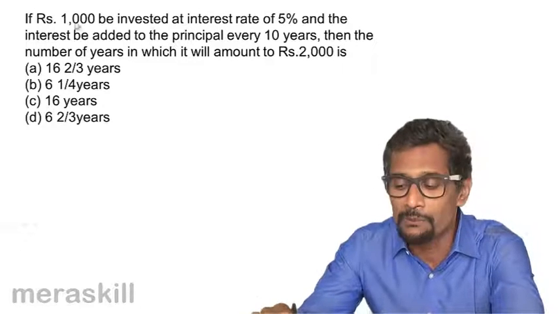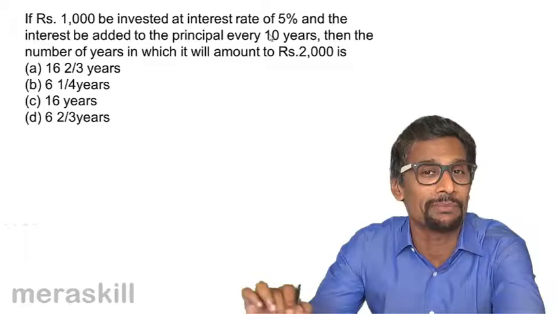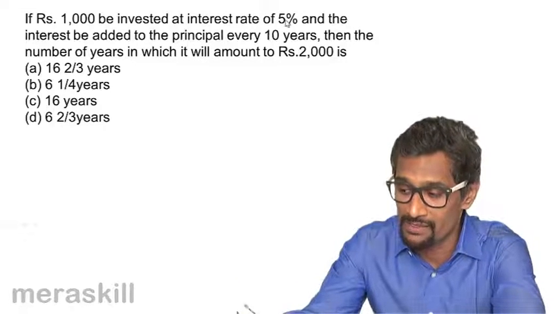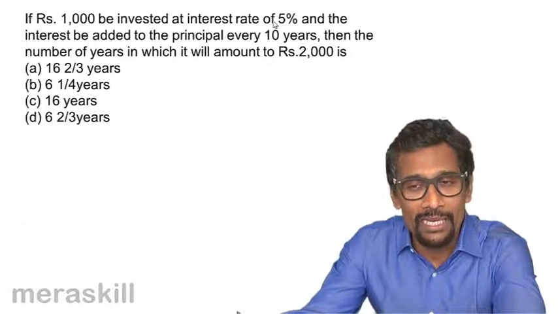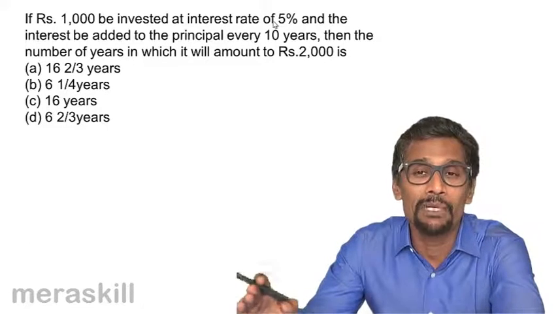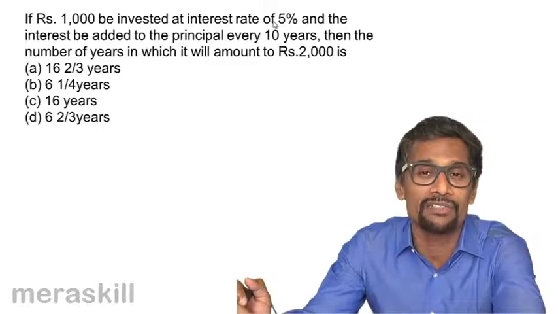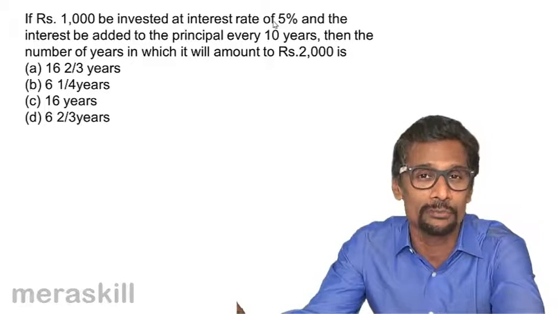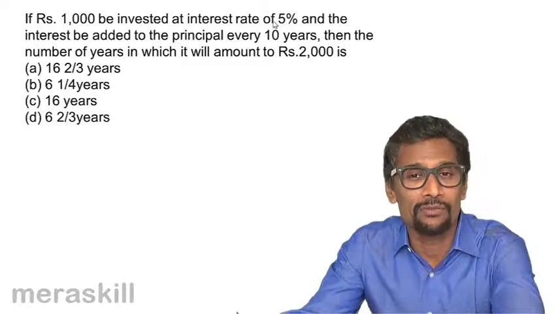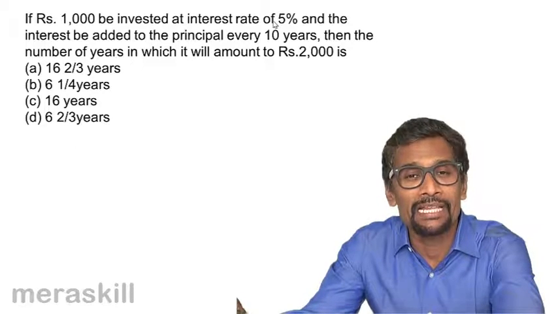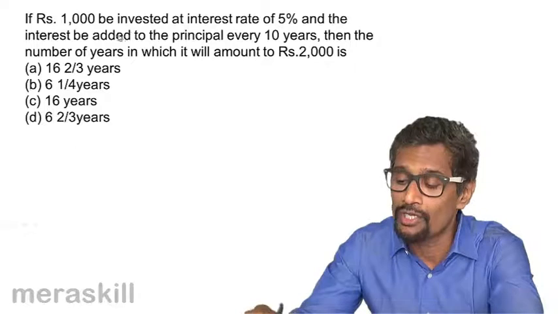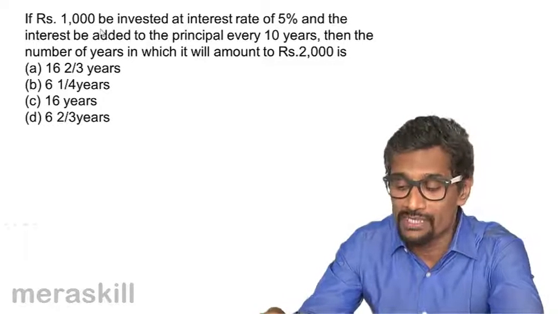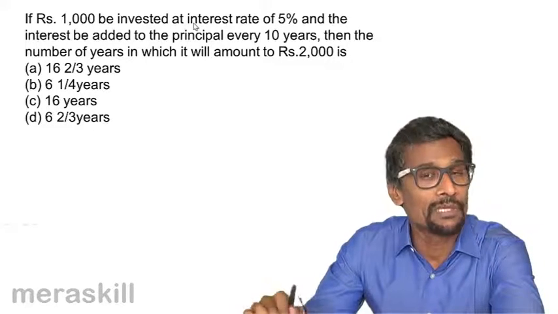That means the principal for the first 10 years would remain the same, that is 1000 rupees, and the interest also remains the same, but it's only all the accumulated interest of 10 years that is added to the principal at the end of 10 years, and after adding, that becomes the principal for the next 10 years. So in short, it is a very unusual question, a combination of simple and compound interest.